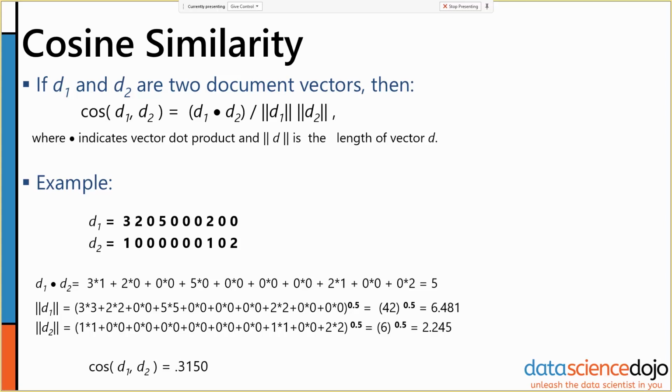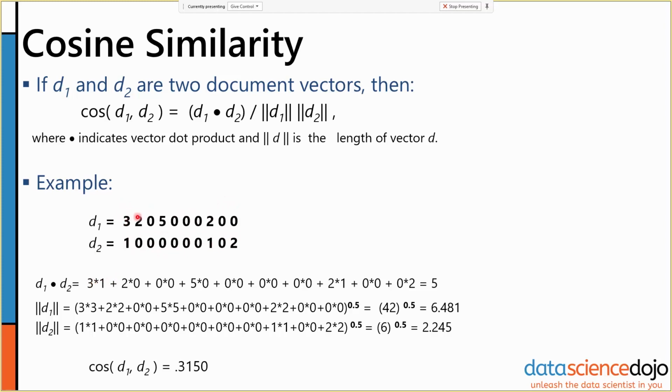We can find how similar the two documents are by thinking of each of them as vectors, taking their dot product, which, for those of you who never had it or don't remember your college vector calculus classes, you take each attribute by attribute, and you multiply them together across your two different objects.